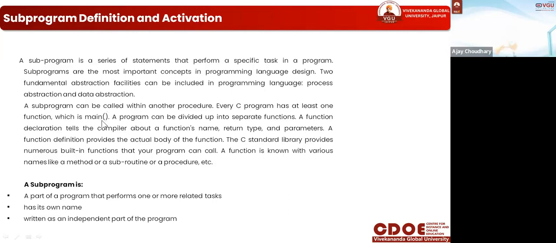Before this slide we learned that when we start these methods we require some procedure, some method, some function. At least one function is required by all programming languages for executing a program. A program can be divided up into separate functions. A function declaration tells the compiler about a function name and return type.